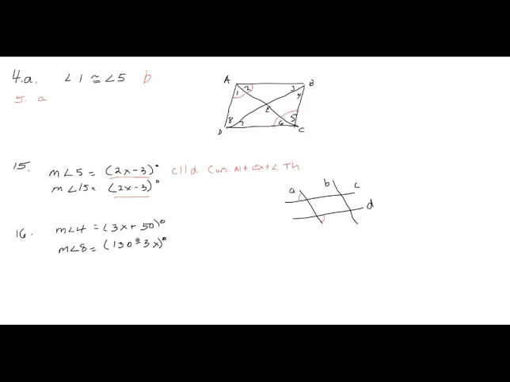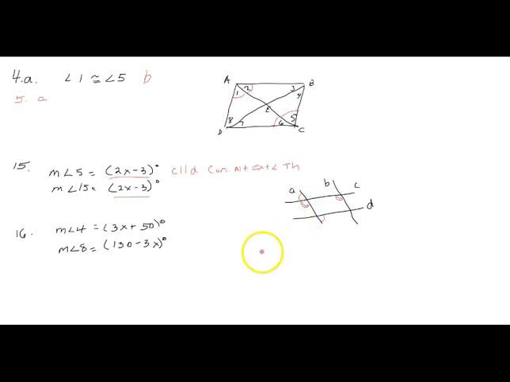Now number 16 is a little different. First of all, let's take a look at what the angles were that we're talking about. So the measure of angle 4 would have been this angle right here, and the measure of angle 8 is this corresponding angle right here.